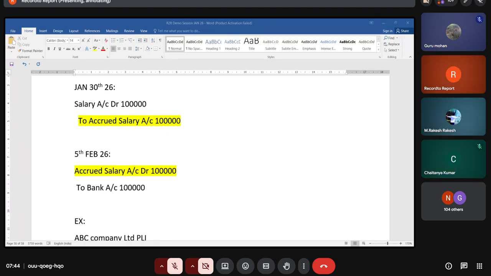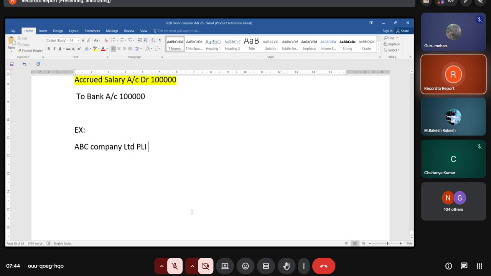Okay, guys. ABC Company Limited, PLI bonus, that is variable pay bonus for the cycle January to March, 30,000 paid on 10th April 2026. Assume it is a bonus to the employees.